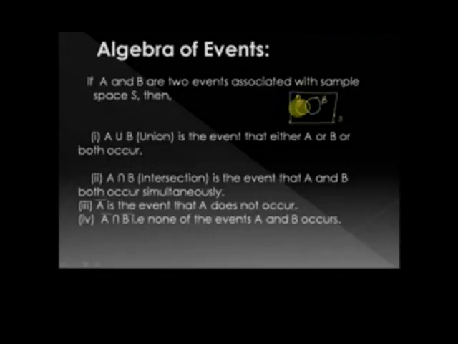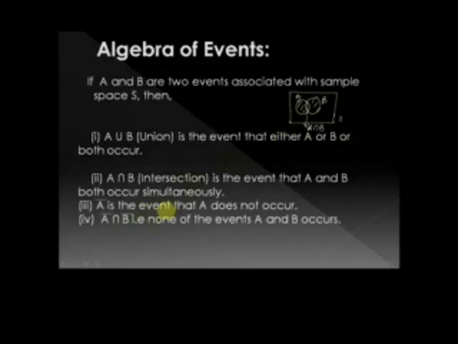So this is A union B. Now A union B means that either A or B or both of them occur. The second is A intersection B, the event that A and B both occur simultaneously. So this event, A intersection B, represents the occurrence of A and B simultaneously.